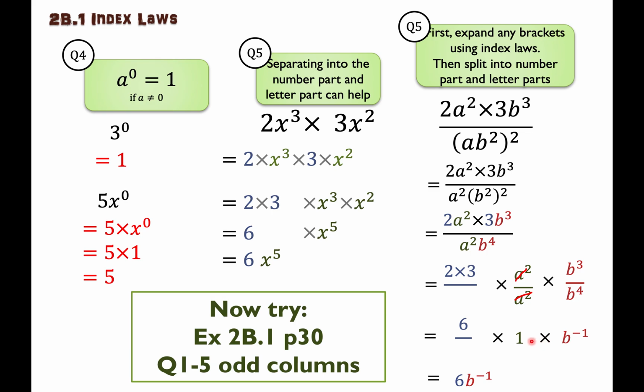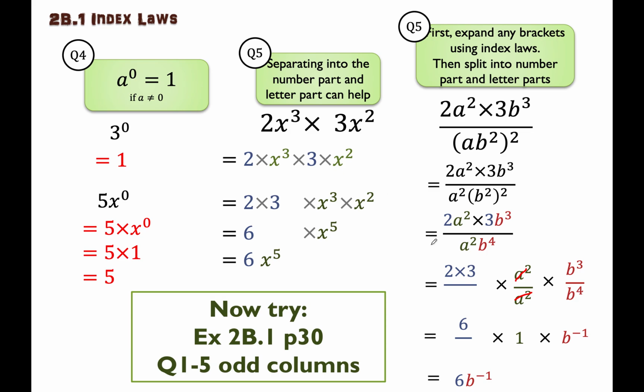And then I don't need to write the extra times signs between the 6 and the b, because someone looking at it will know that there's a times sign there. How much simpler is this than this up here? This was a real mess, but this is so much shorter. So it's really powerful to be able to simplify index laws.